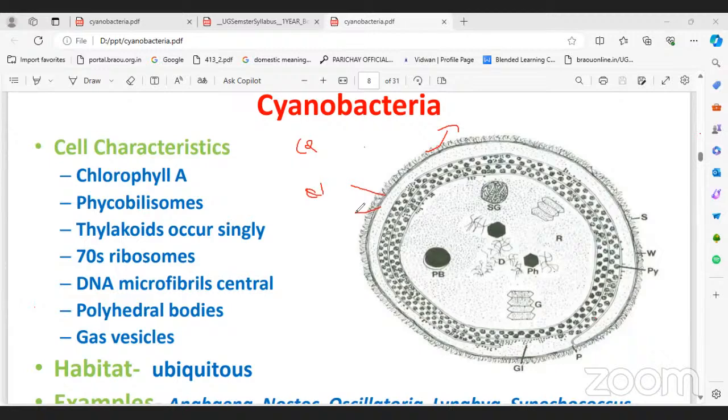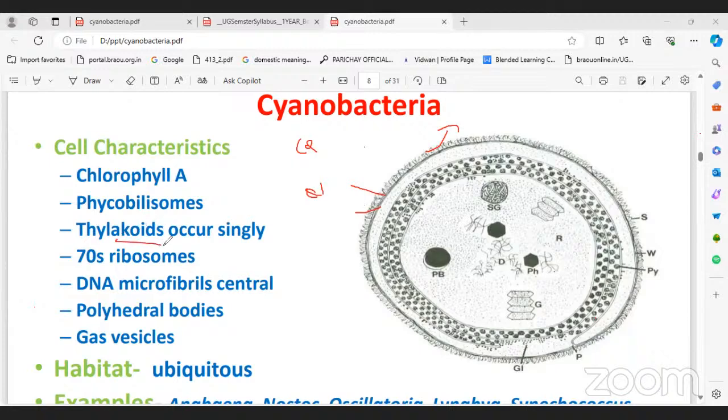As it is prokaryote, the chloroplast is not fully developed. Instead of the chloroplast, the major part of it, the thylakoids, appears freely. Actually the thylakoid is present inside the chloroplast membrane, but there is no chloroplast layer here. Only free thylakoids are present.